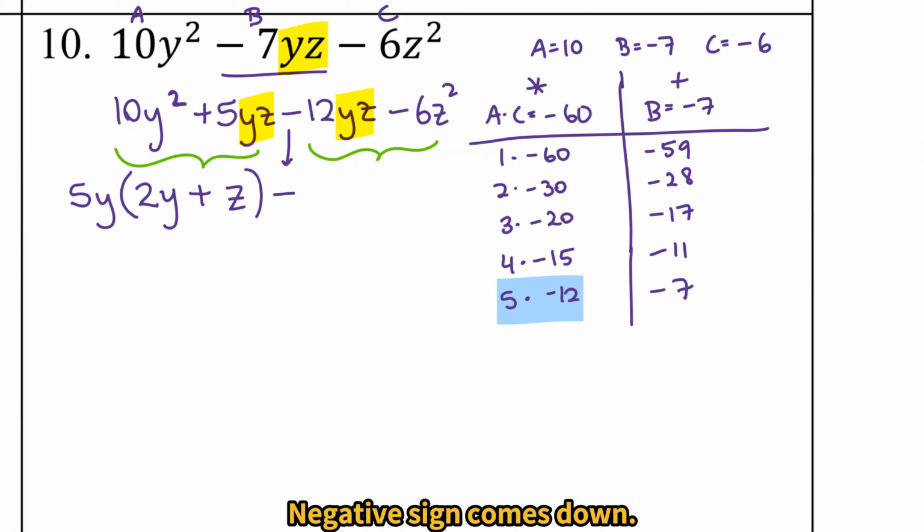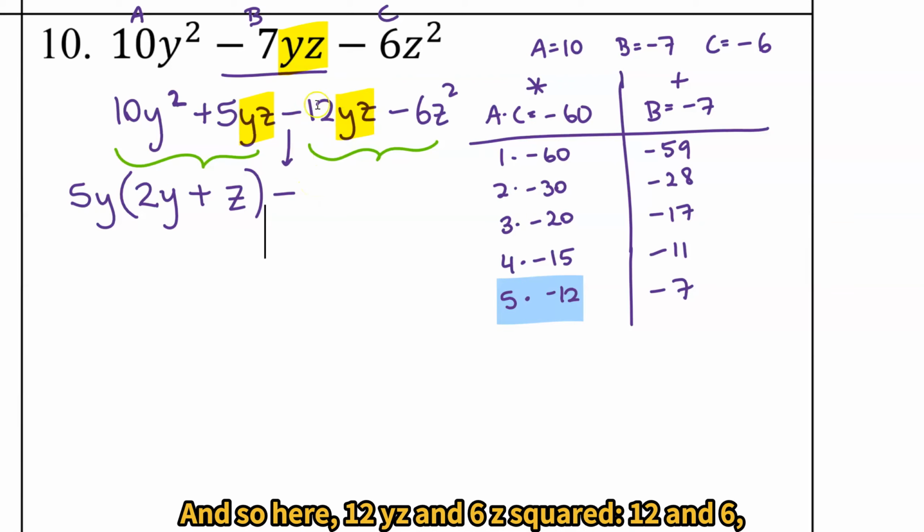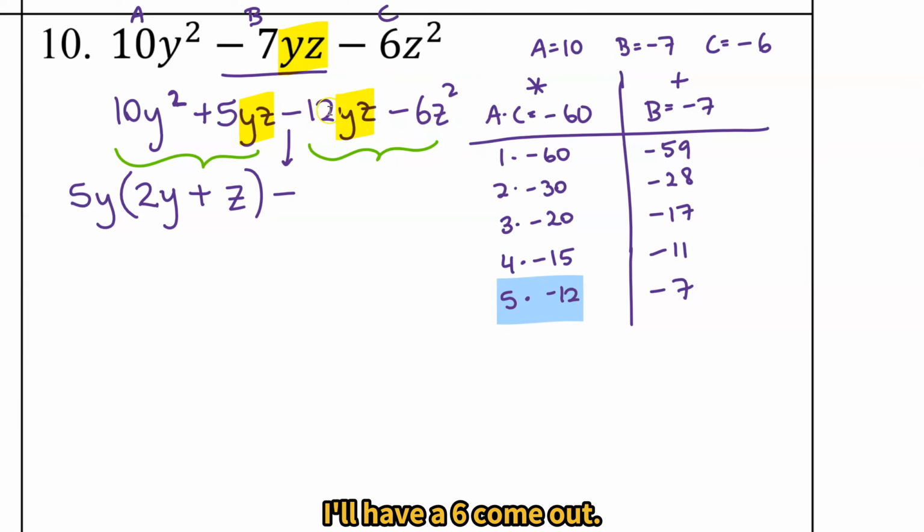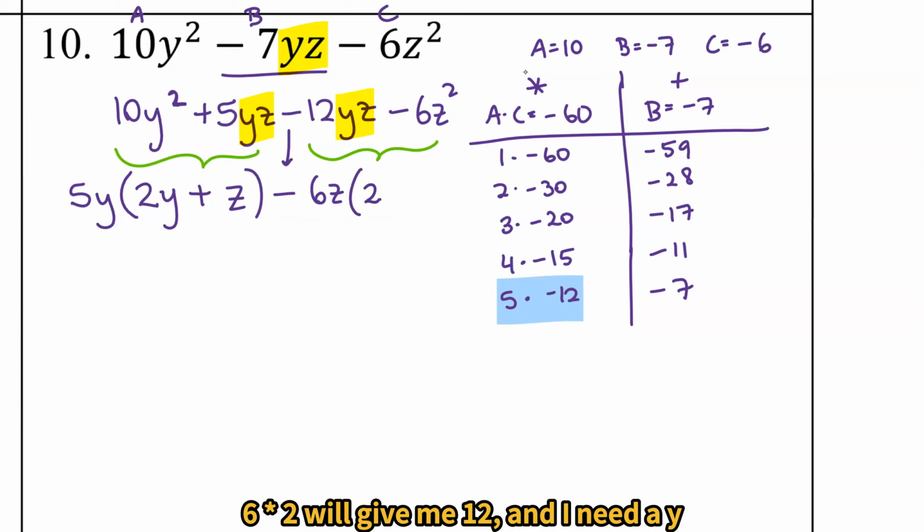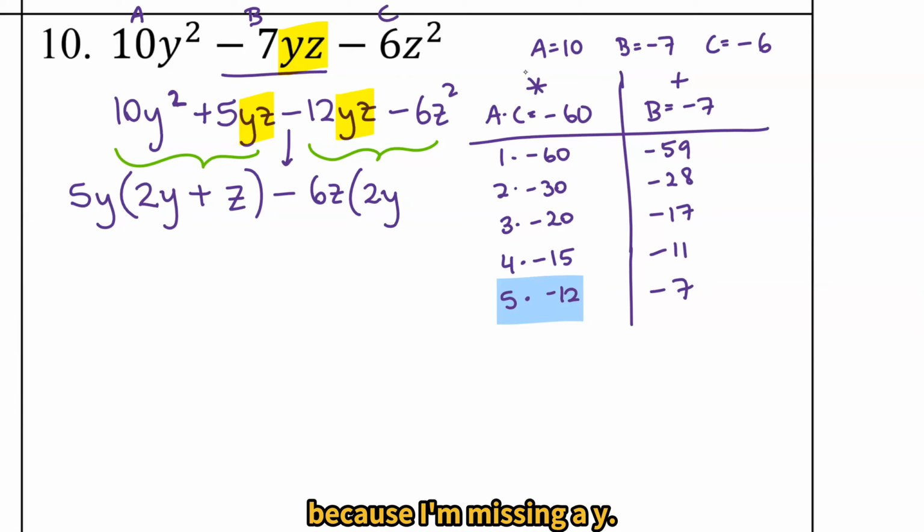Negative sign comes down. And so here 12yz and 6z squared. 12 and 6, I'll have a 6 come out. And then both of these terms have z's, so we'll factor out a 6z. 6 times 2 will give me 12, and I need a y because I'm missing a y.